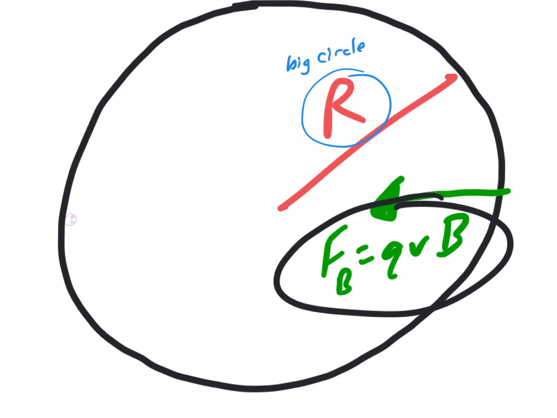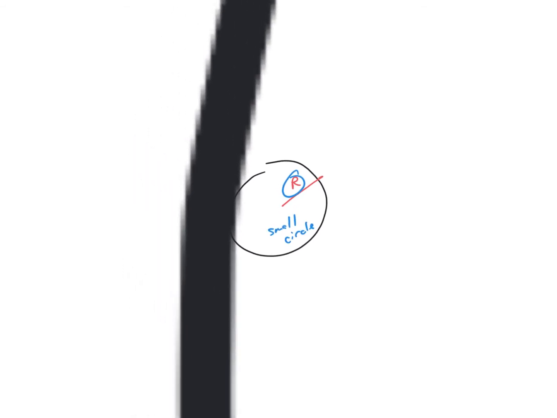In fact, when I go all the way down to the small circle, the big circle looks almost like a straight line. Barely any turning happening there at all. So when we zoom in on big circles, for large stretches, big circles look like straight lines.